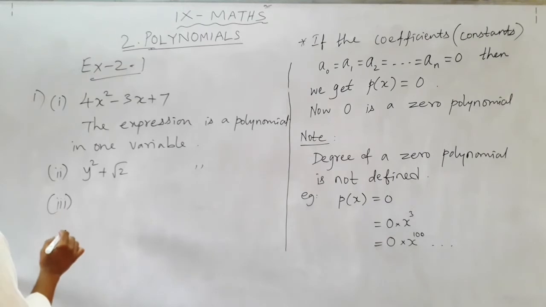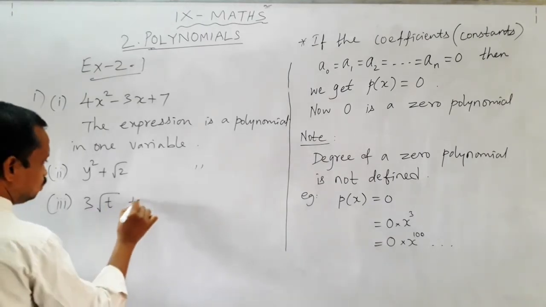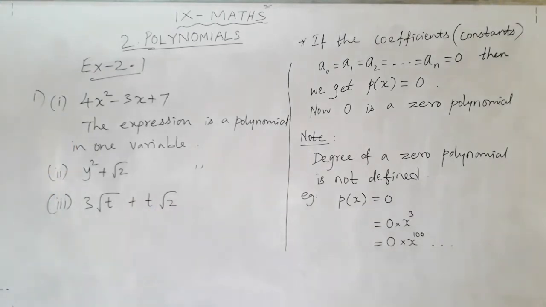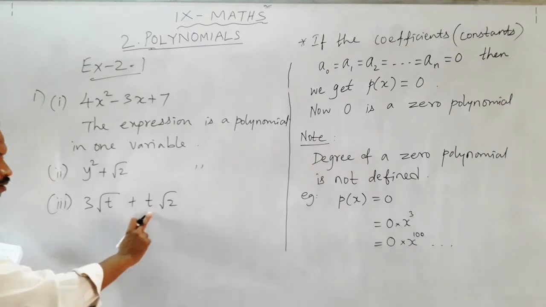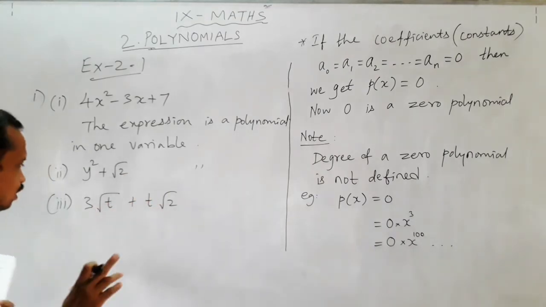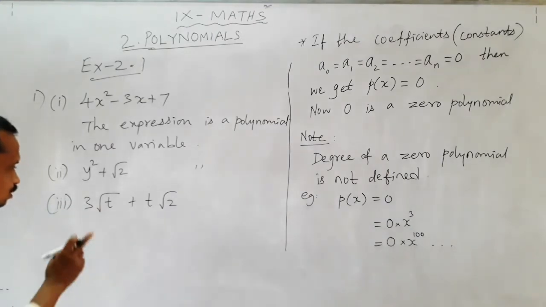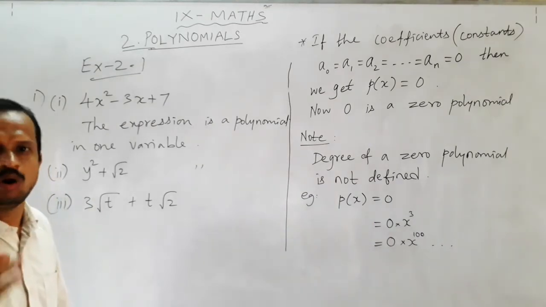Option 3. What is there? 3 root of t plus t root 2. Clear? So in the third option you see, the variable t is inside the root, and here it is simply t, but the constant is in the root. But is this a polynomial? Can you say? No. Why? A polynomial means the exponent of the variable should be a whole number.